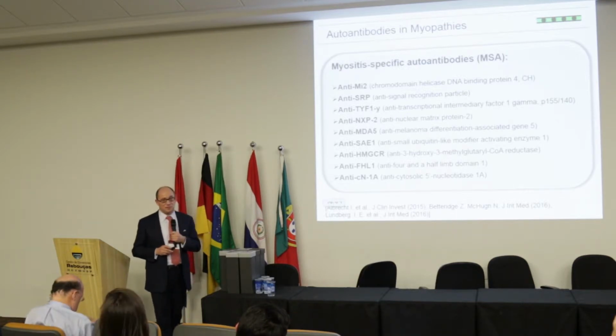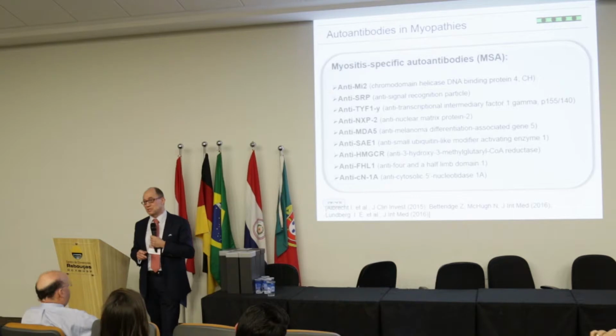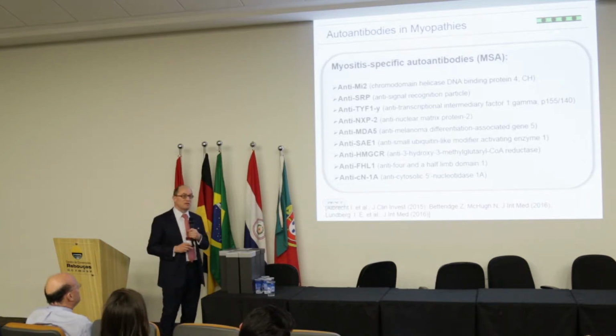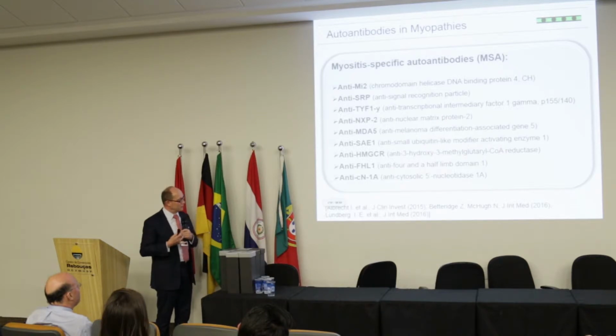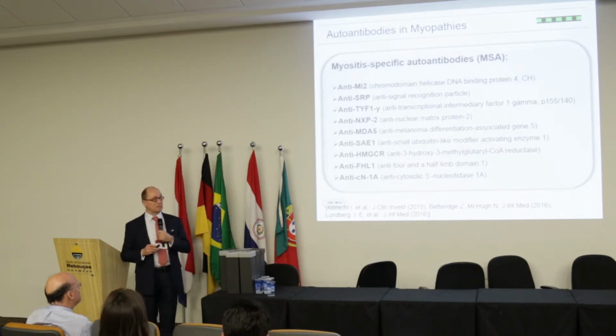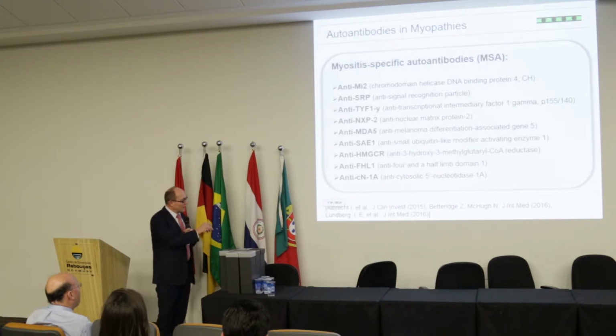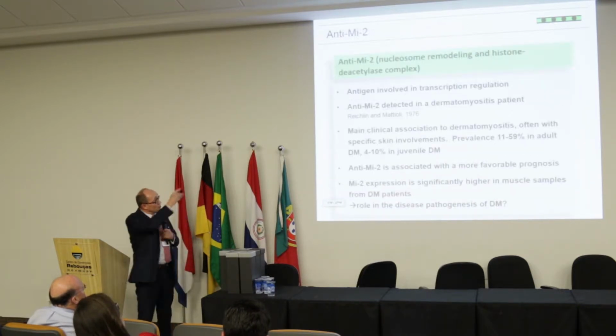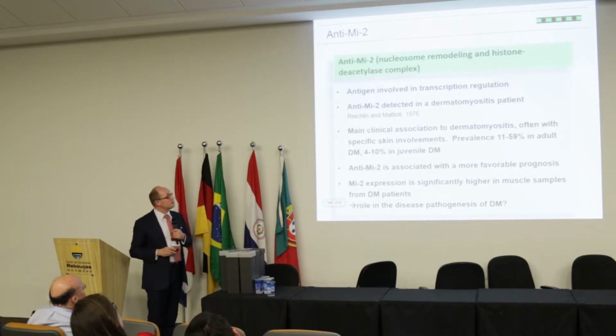FHL1 is a relatively new target, just described by Ingrid Lundberg at Karolinska in Sweden. We are currently working on that target antigen, and we have to see, with some other groups as well, whether we can confirm the data from Karolinska Institute. CN1A, which I have some slides on at the end of my talk, is a new marker for inclusion body myositis. So now I'm going through all these individual antigens.